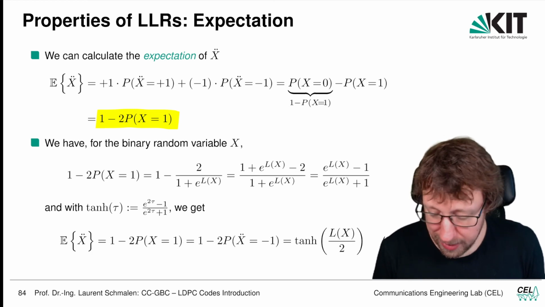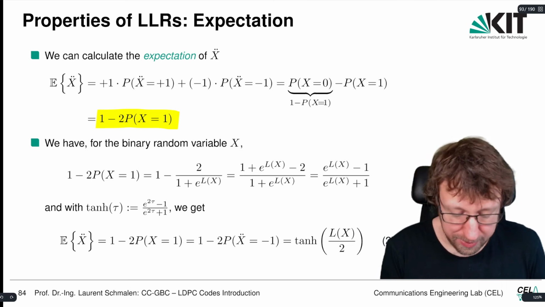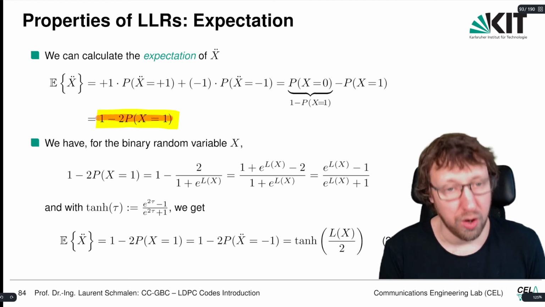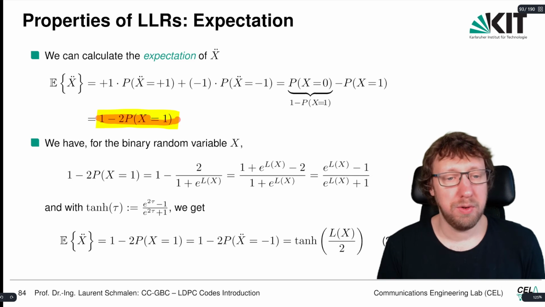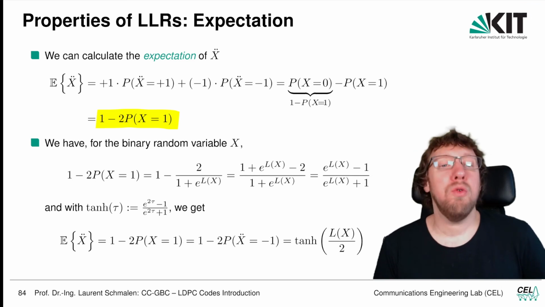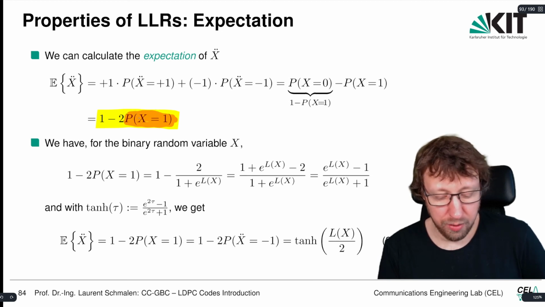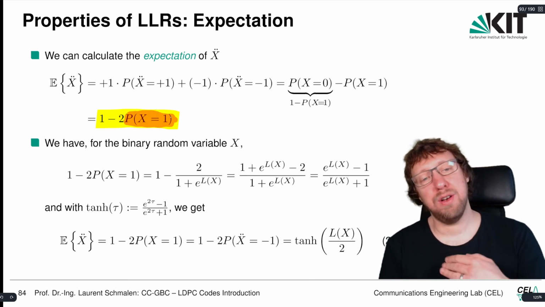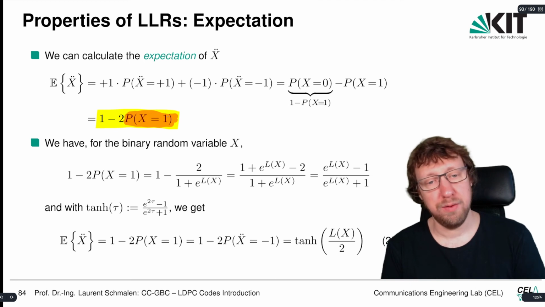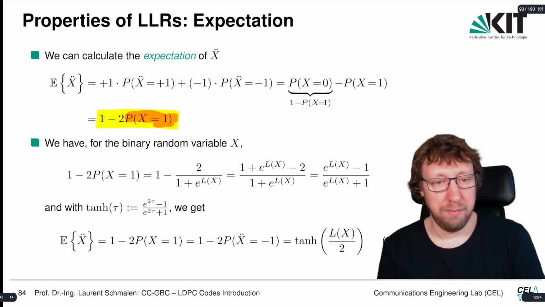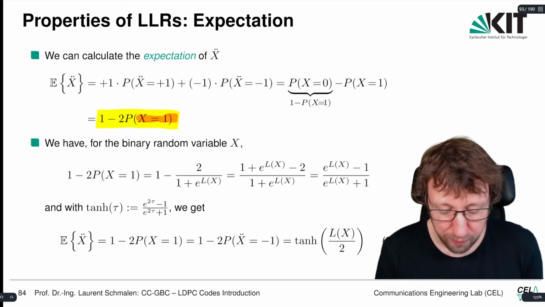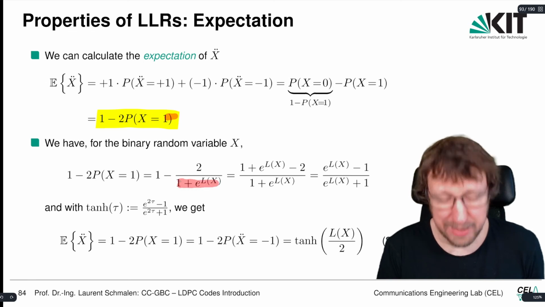So now can we rewrite this expression in terms of log likelihoods? So that's what we do next. We insert the definition of the log likelihood ratio, or the calculation of the probability from a log likelihood ratio. So we know that p of x equals 1 is 1 over 1 plus e to the power L of x.